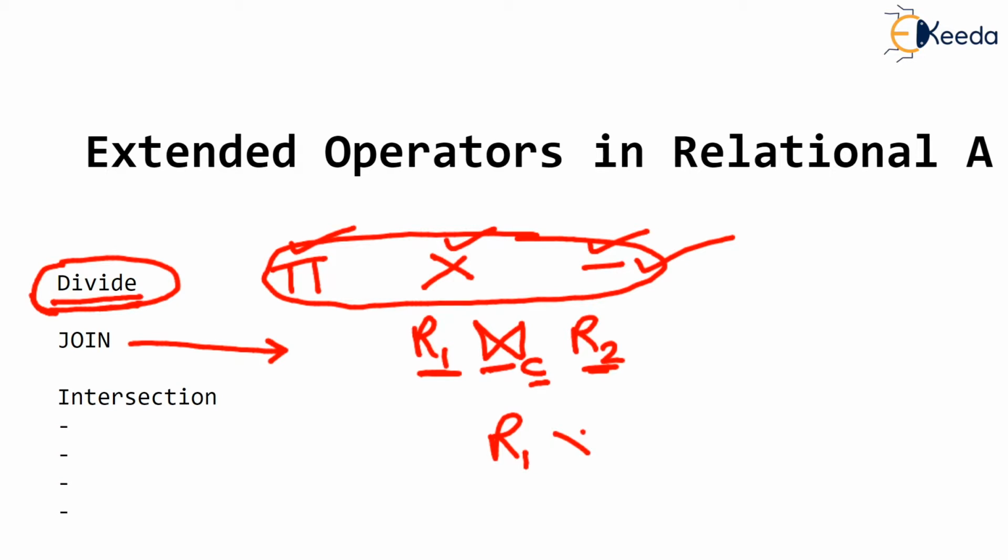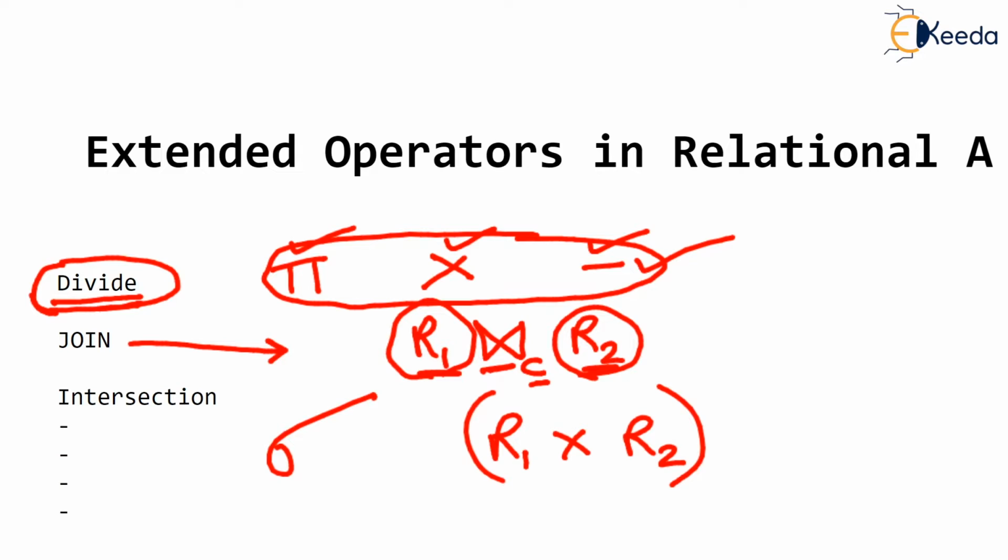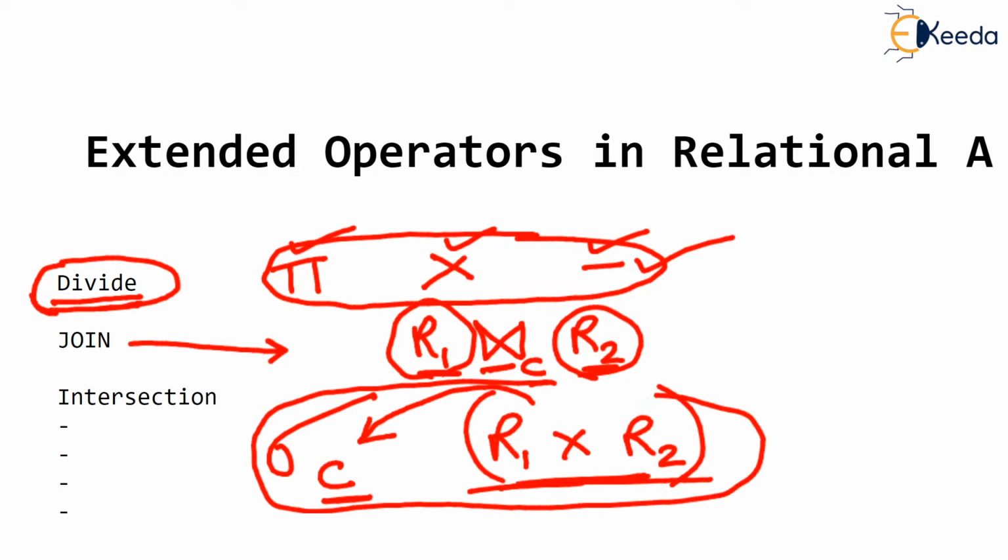R1 cross R2, that means the cross product of these two relations, is found first, and after that select on the condition. So only those tuples from R1 cross R2 will be selected which satisfy the condition. This entire thing is the join operation. So how is the join operation really implemented? It is cross product followed by the select operation.